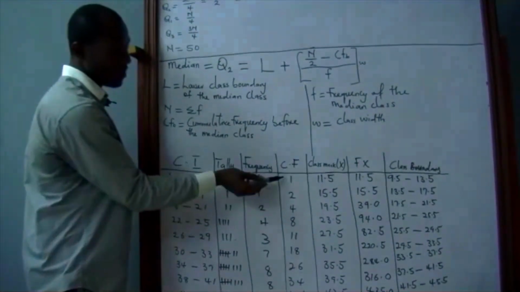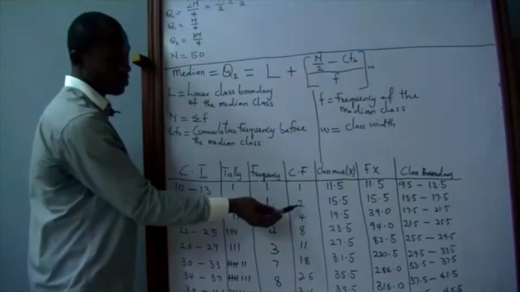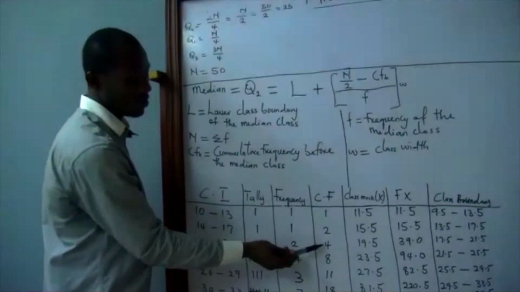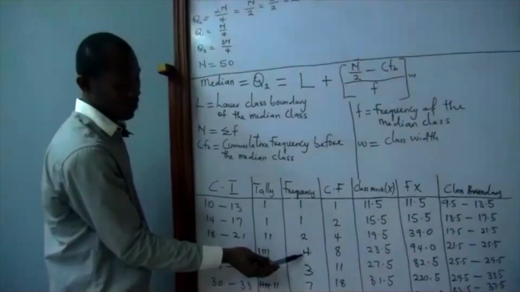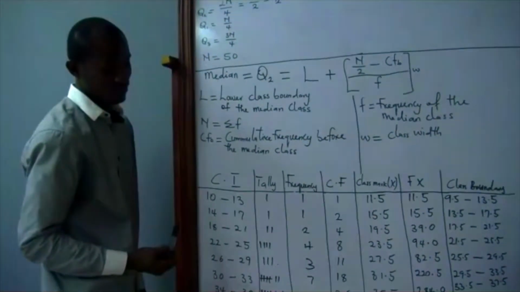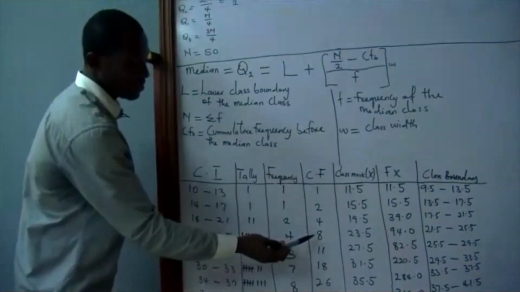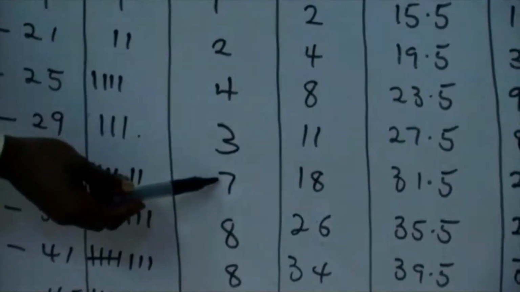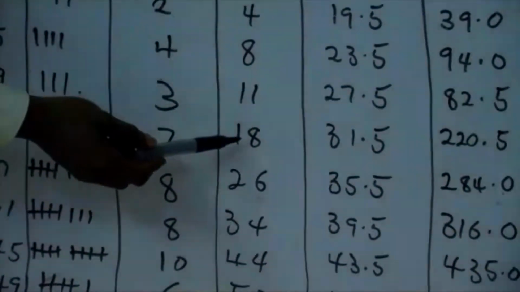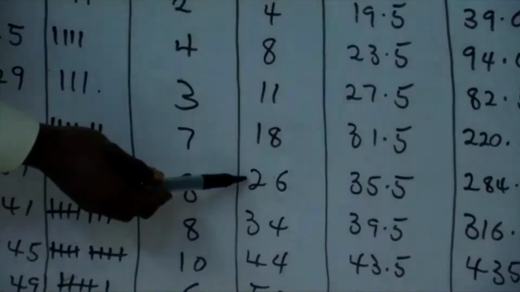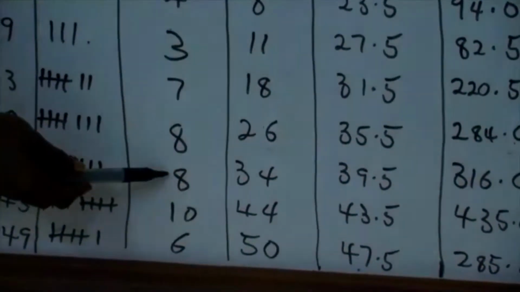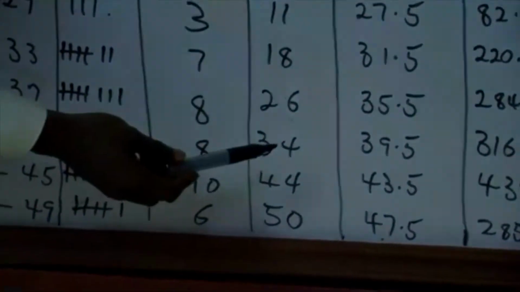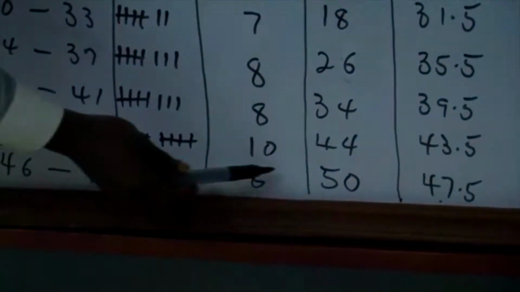Then that number plus this gives 2. 2 plus 2, that is 4. 4 plus 4 gives us 8. 8 plus 3, 11. 11 plus 7, 18. 18 plus 8, 26. 26 plus 8, 34. 34 plus 10, 44. And 44 plus 6, 50.